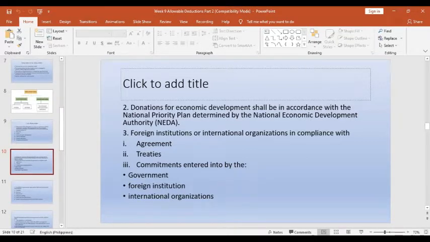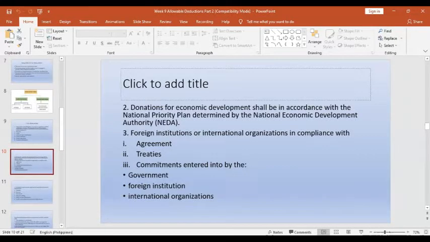The third one is that the charitable contribution is fully deductible if it is donated to foreign institutions or international organizations in compliance with agreements, treaties, or commitments entered into by the government, foreign institutions, and international organizations.